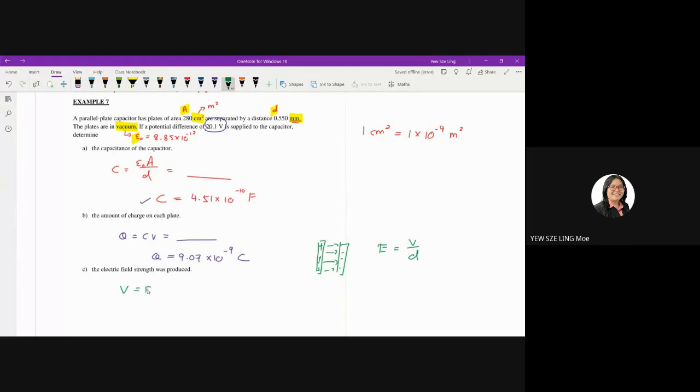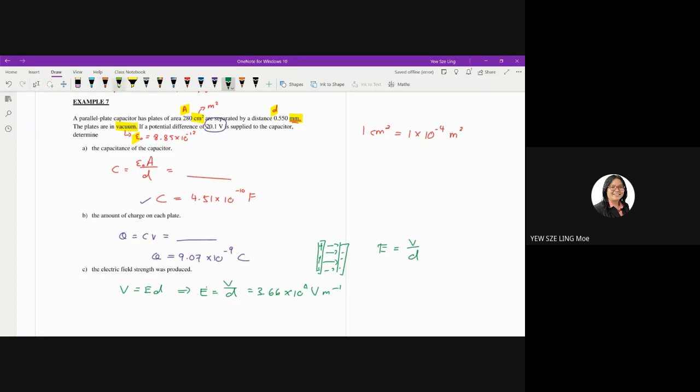You want to calculate E, so the equation is E equals V over d, which is equal to 3.66 times 10 to the power of 4 V m negative 1.